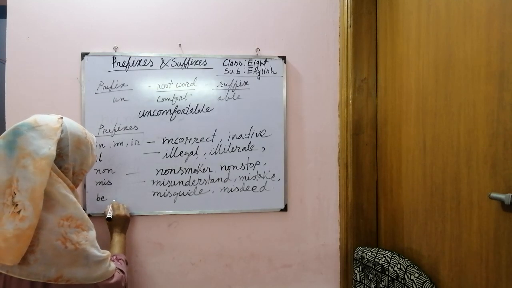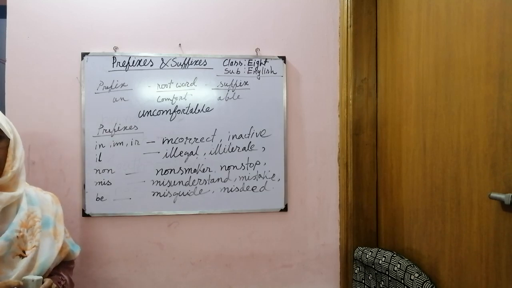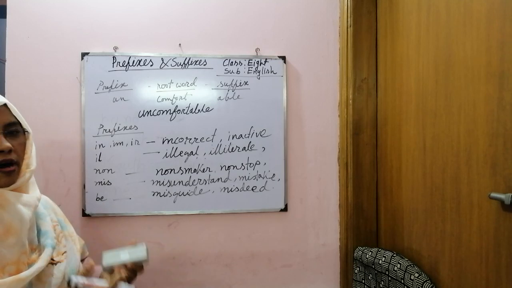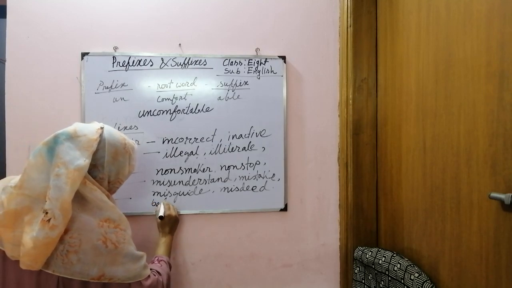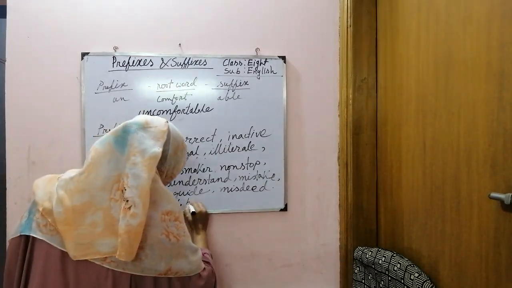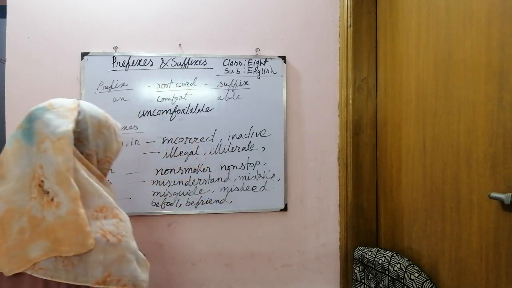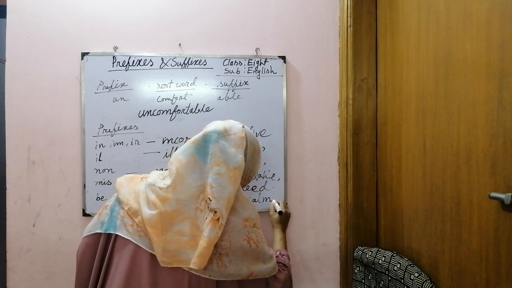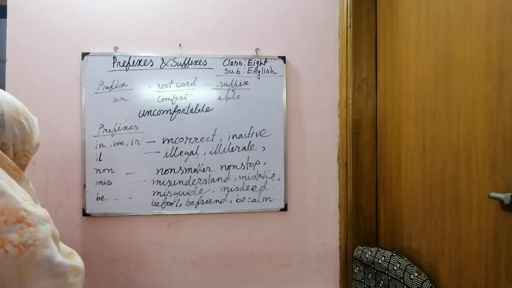Let's try to write some words with the help of be. Actually, with the help of be, you can make more words. You can turn a word into a verb with the help of be. Examples are befool, to make someone a fool; befriend, to make a friend; and become.